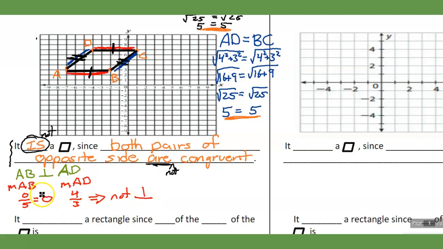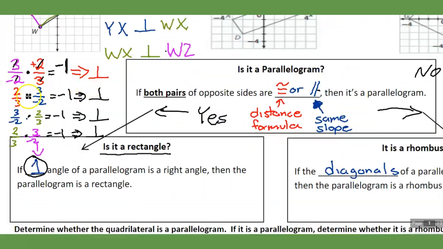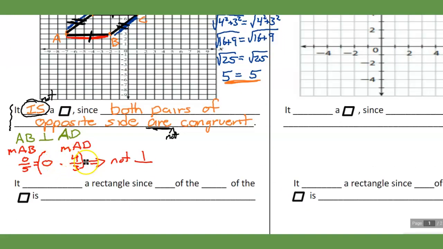Another way of looking at it is, do these two numbers multiply and equal -1? You know, like we did here? No. They don't multiply and equal -1. So it is not a rectangle, since one of the angles of the parallelogram is not a right angle.